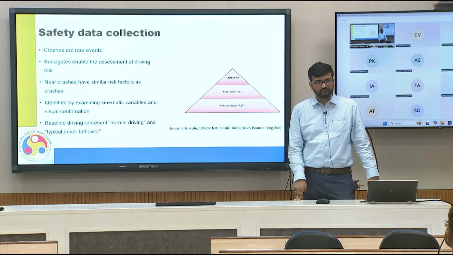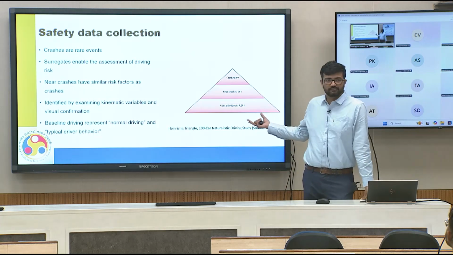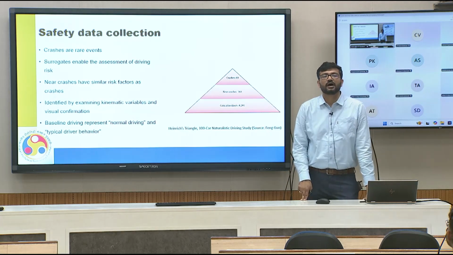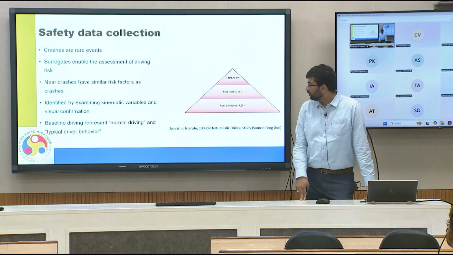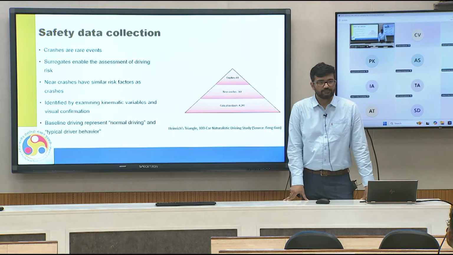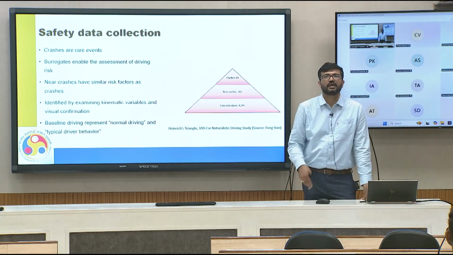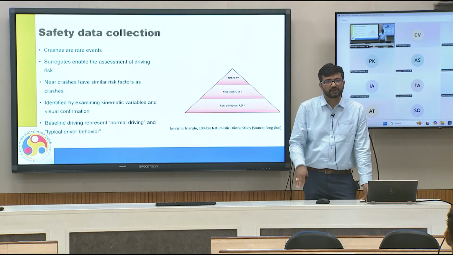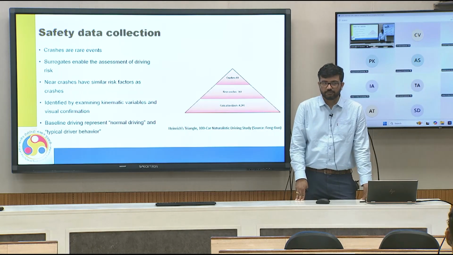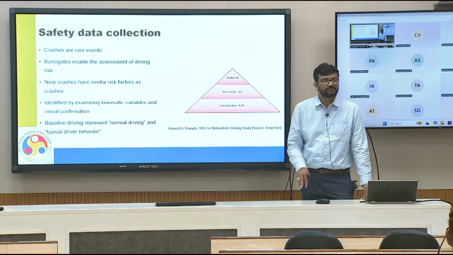Let's say here it was done for 100 vehicles. If we run the experiment for four or five months, will we be able to get many accidents? We might get very few.